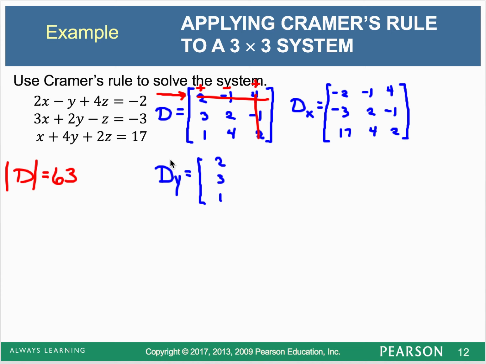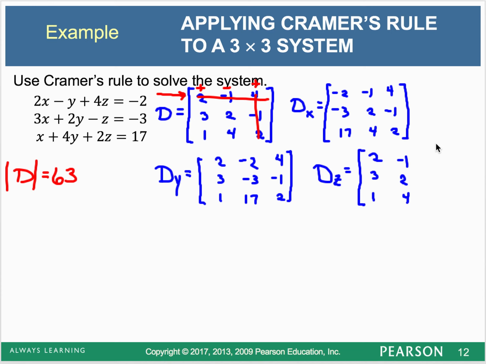But I'll replace the y's with the solutions, negative 2, negative 3, 17. And the z's will be 4, negative 1, 2. And then D sub z. The x's will remain 2, 3, 1. Y's will remain negative 1, 2, 4. And z's will be the solution column, negative 2, negative 3, 17.